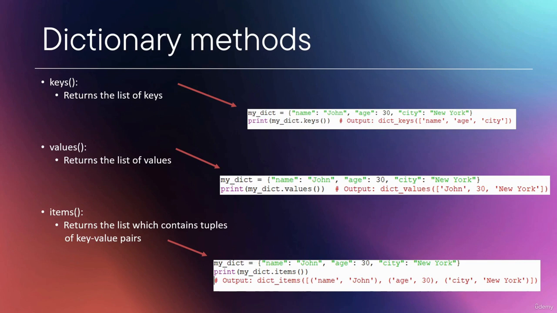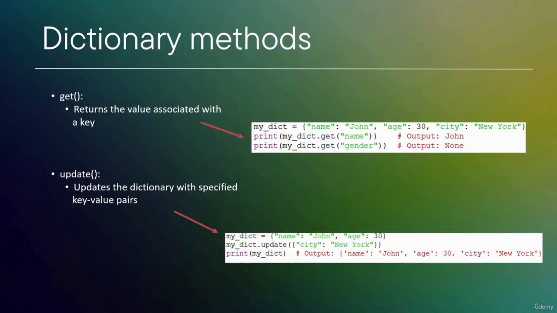Now let's have a look at some of the methods of dictionaries. First is the keys method. It returns the list of keys in a dictionary, not the values, just the keys. Then we have values. It returns the values of all the keys as a list. Then we have items. It returns key value pairs as tuples, so the tuples are within a list, and each key value pair is a separate tuple.